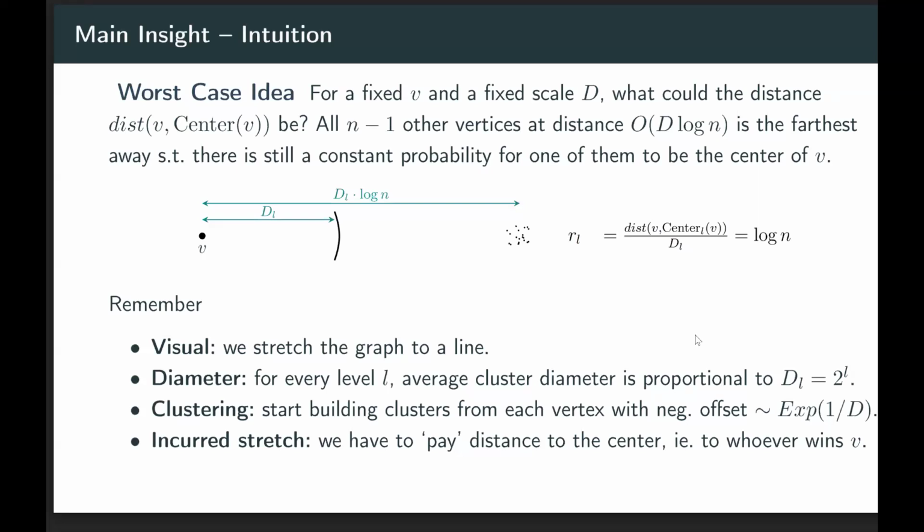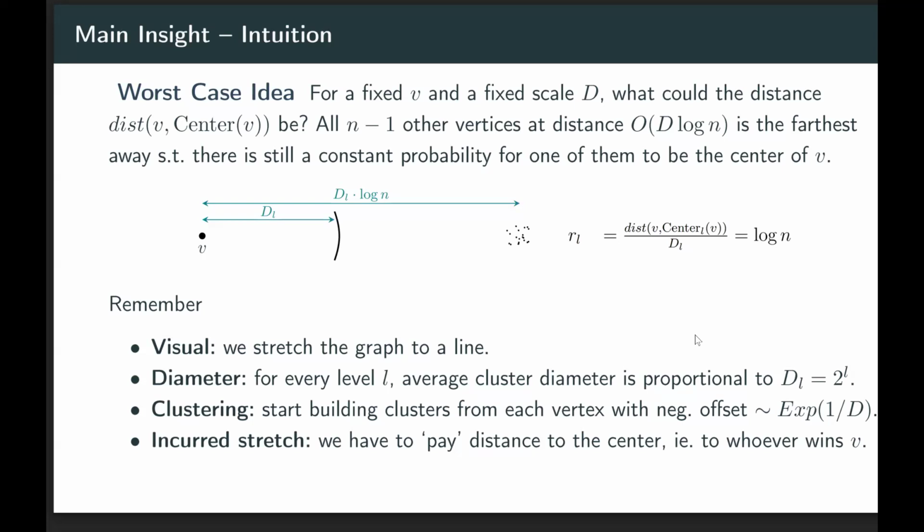Then what I just tell you, for me, this is one worst case idea that I had: let's place them all at distance dl times log n away. We are at level L, and at level L the mean cluster diameter is dl.